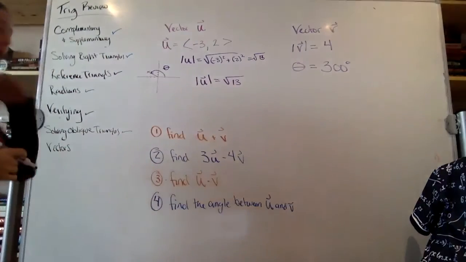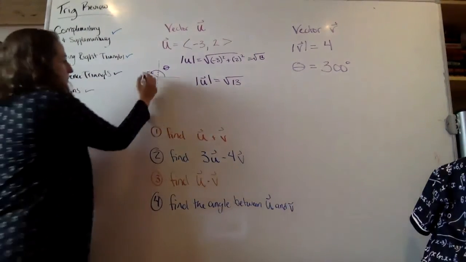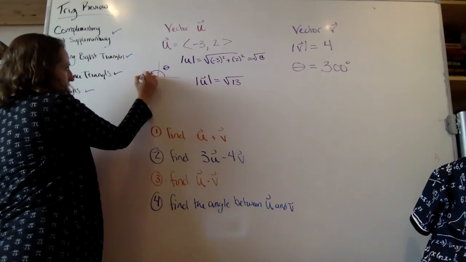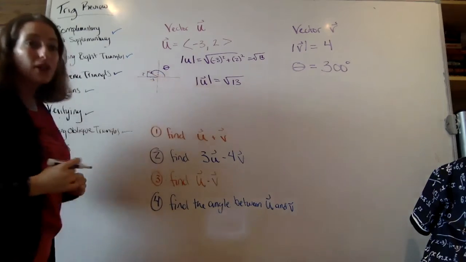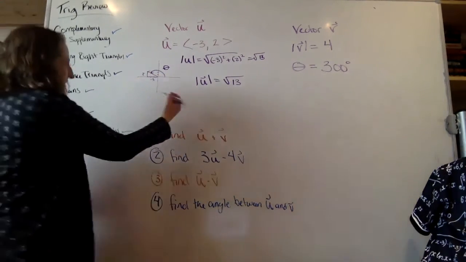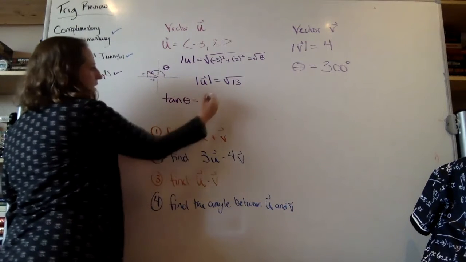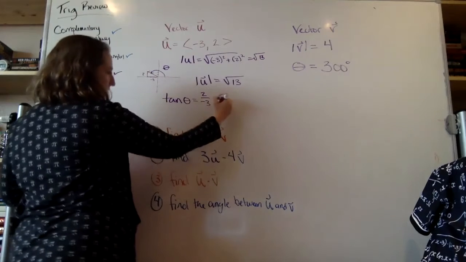Now to find the direction angle. Okay, well, if we think about the direction angle, I know that this vertical distance is 2. I know that this horizontal distance here is -3. Think about a trig relationship that involves the opposite over the adjacent. That's tangent. So we can think of the tangent of theta as being equal to 2 over -3, or -2/3.